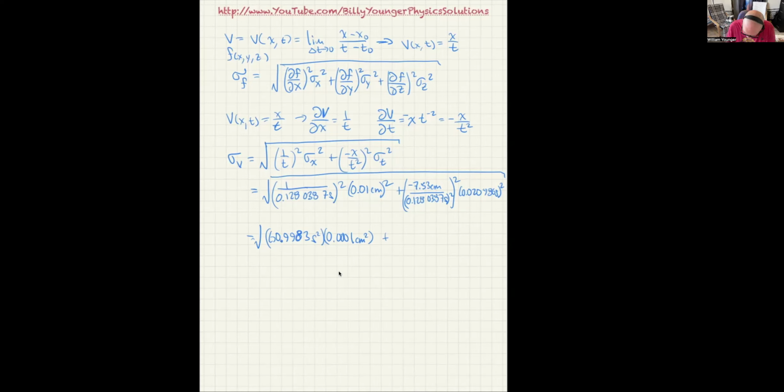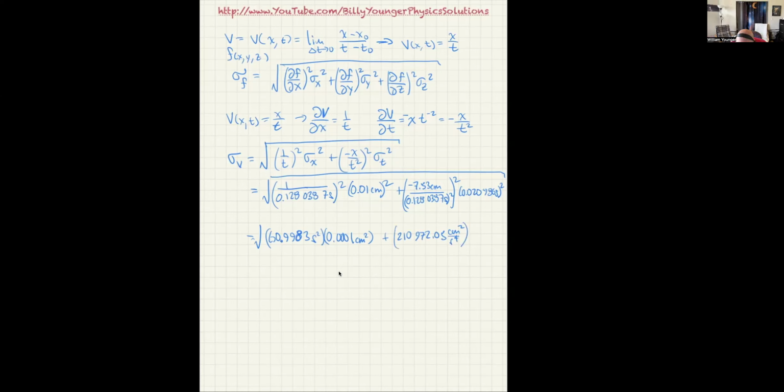So that number turns out to be 210,972.05, and that of course is centimeters squared per second to the fourth. And that's just the first part.